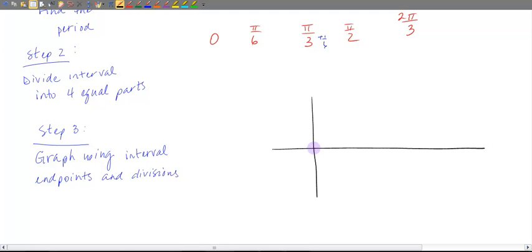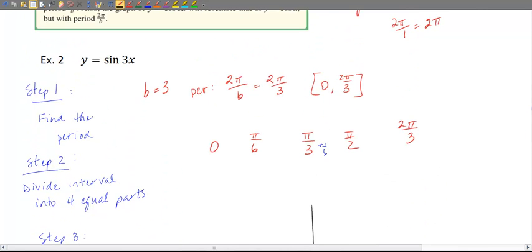So I'm going from 0 to 2 pi over 3. So I just kind of make some distance up out here. I take half of that to be pi over 3. Half of that's pi over 6. And the other half is pi over 2. Our function is just the regular sine function 3x. In other words, the amplitude of this function is 1.